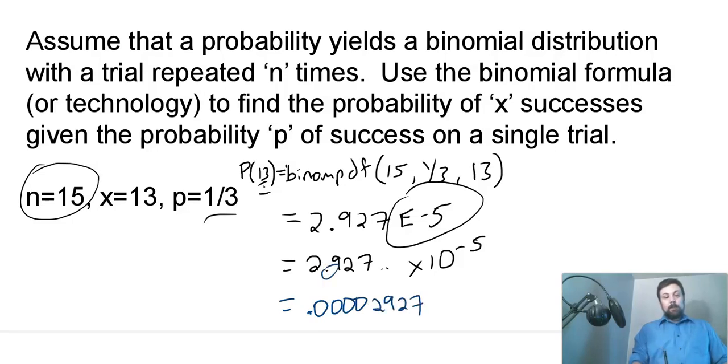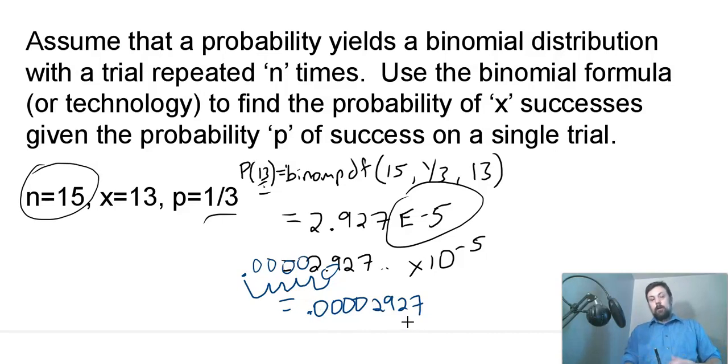That decimal place needs to get moved to the left 5 times. Right? So that's 1, 2, 3, 4, 5. So it needs to go here. And you fill in the empty spaces with zeros. So you get 4 zeros, and then those numbers occur.